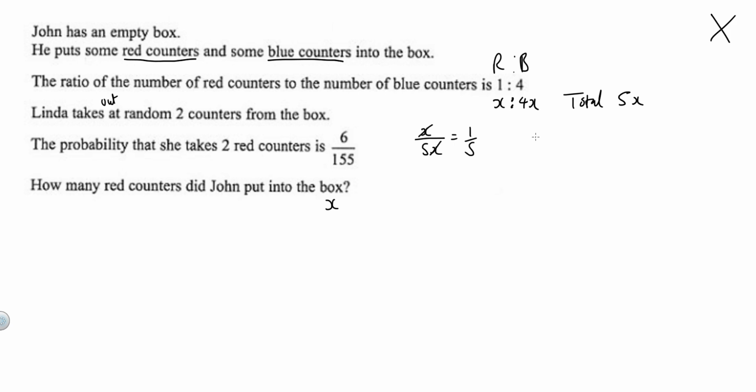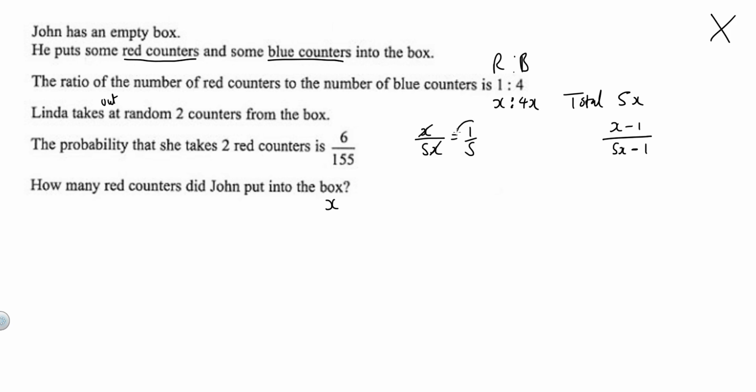For the second red counter, it's going to be different. The denominator, remember, is going to be 1 less. If you've taken 1 out already, it's going to be 1 less for the total. It's actually going to be 5x minus 1, because we've taken 1 out already. And the numerator is not going to be x anymore. It was x, but now it's going to be x minus 1. So that's the probability of the second red counter.